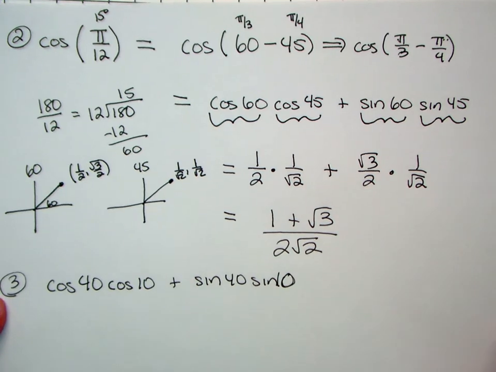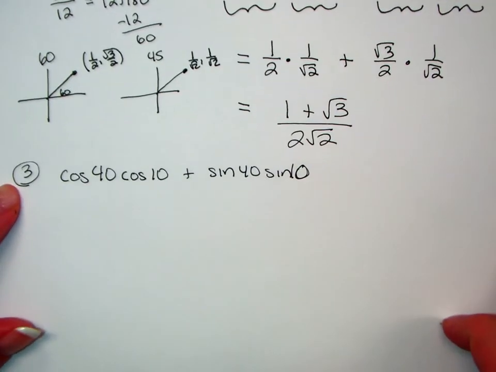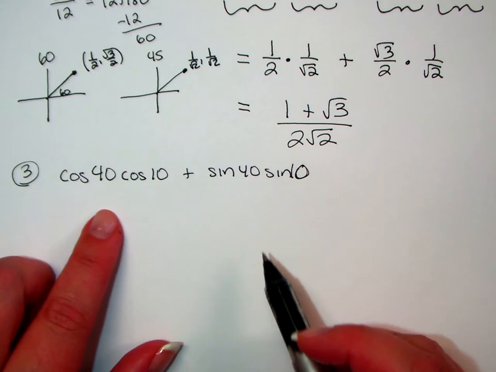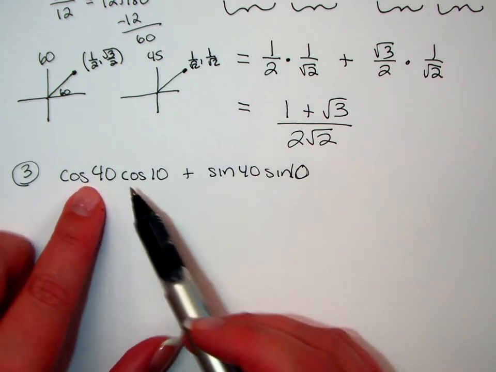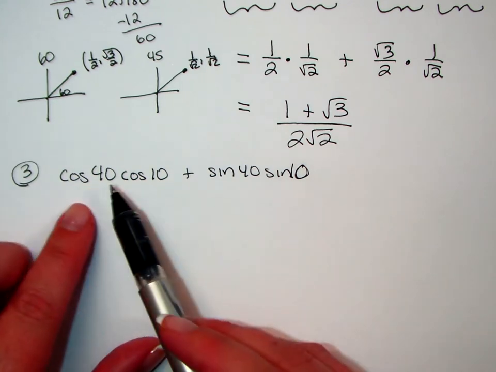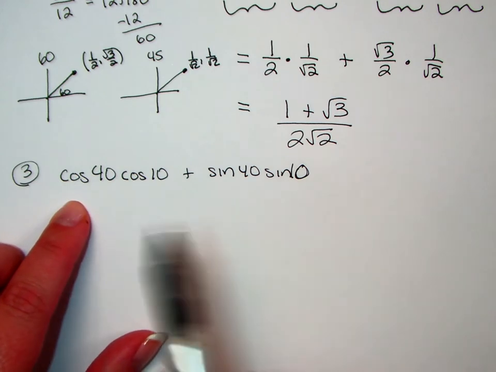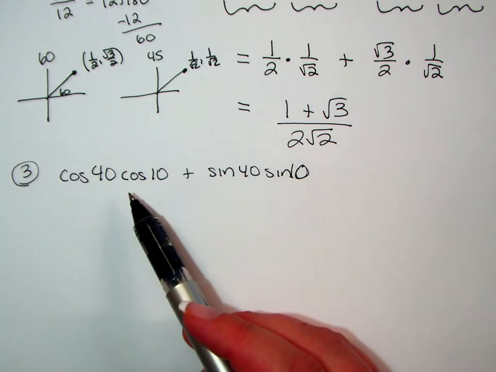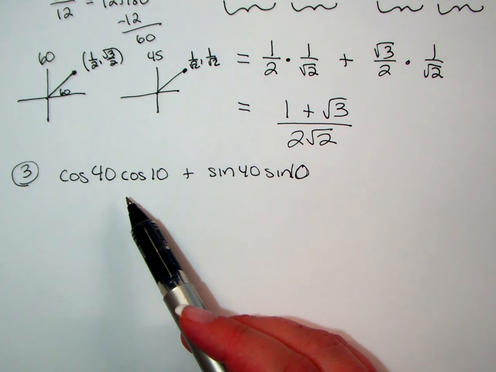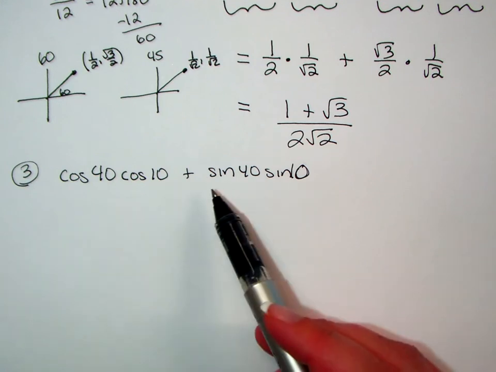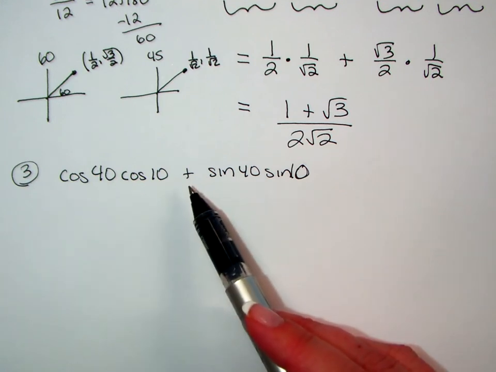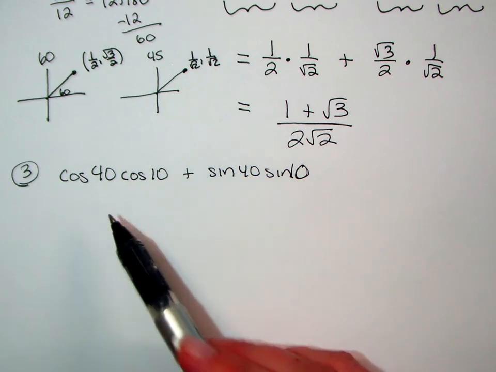You need to match this to the correct identity, right? So the tells here are, we have cos, cos, and a sine, sine. So the terms have the same trig function. Well, which function did that? Which function had the same? A cosine, right? Now, the cosines, one had a minus in between and one had a plus. So which one had the plus, right? The one that had the plus was the subtraction one.